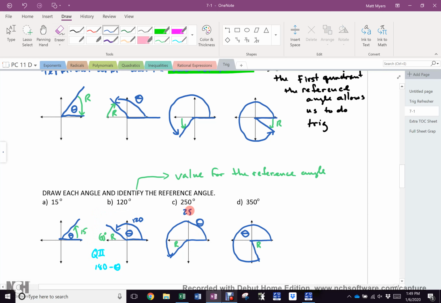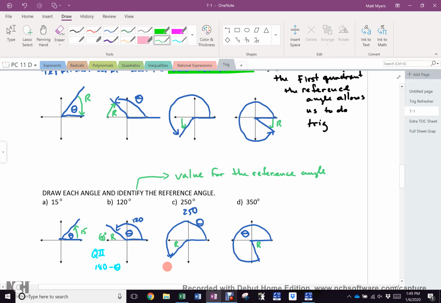All right. What's the reference angle in quadrant 3? This is 250. All the way to there is 180. I had to go past that, so it's 70, right? So in this one, how would you write your little shortcut for it? This one we said it's 180 minus theta, so what's this one? 250 minus, or whatever the value of the angle is, minus 180.